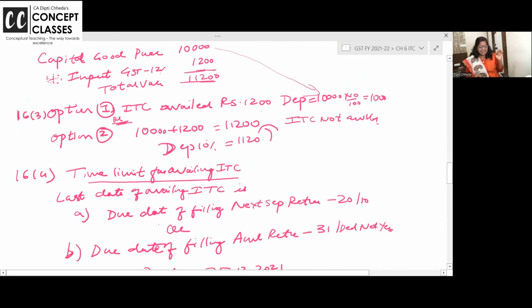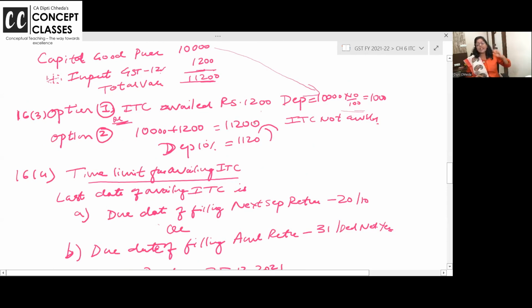Section 16 subsection 3 talks about when you are buying capital goods for your business, for furtherance of business. Say on capital goods of 10,000, you have paid 1,200 as ITC. One option is you capitalize 10,000 in the books, charge depreciation on 10,000, and take ITC of 1,200.